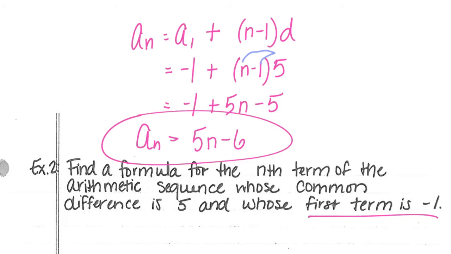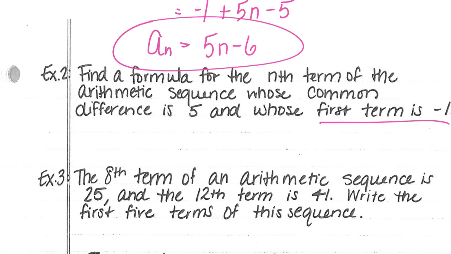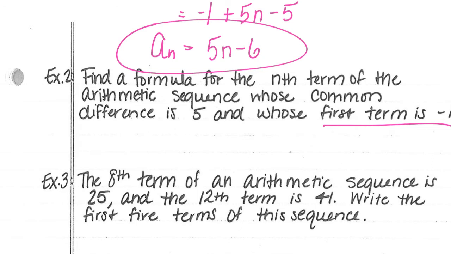All right, we're going to get through a couple things that are a little bit more difficult, and I teach them a little differently. There's a ton of different ways to do it, so I try to teach it as sequences, or I try to teach them as systems of equations. So let's go ahead and look at example 3. It says the 8th term of an arithmetic sequence is 25 and the 12th term is 41.